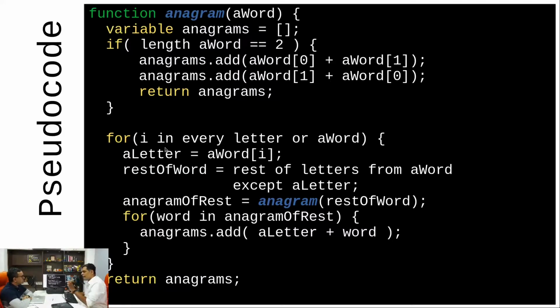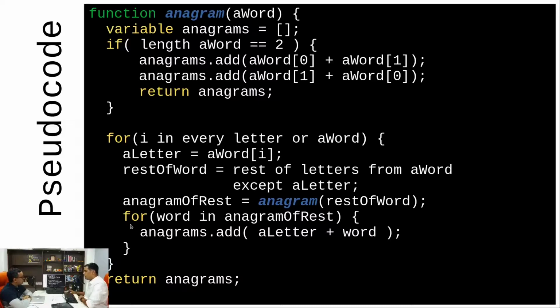So if it is A, B, C, I take A out, and the rest of the word is B, C, which I recursively pass through the anagram function. The anagram function is called again with the rest of the word and returns the anagrams of the rest of the letters. If it is BC that I'm passing, the anagram of rest will contain BC and CB.